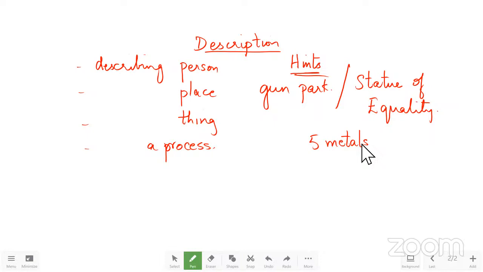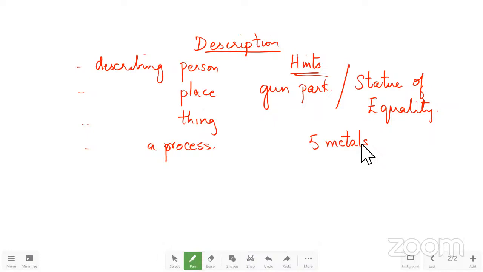Unless you know the height, you don't know. What material is it made from? Like I said, 5 metals: gold, silver, bronze, zinc, and copper. All this you should know, children, and that's why I'm telling you all this.